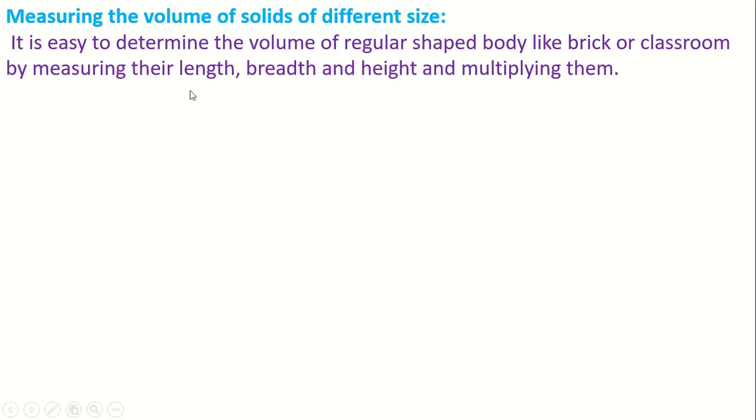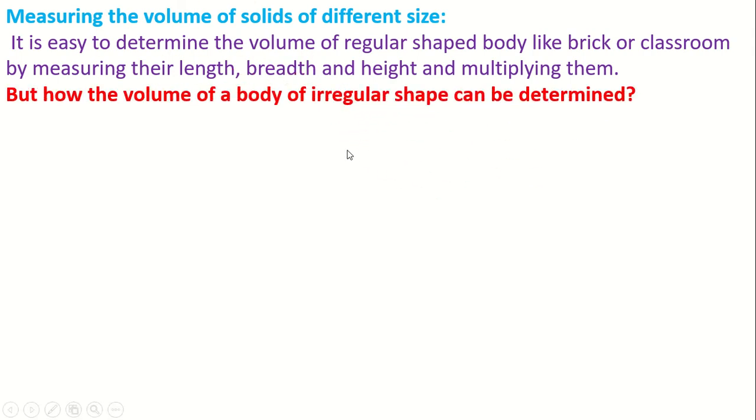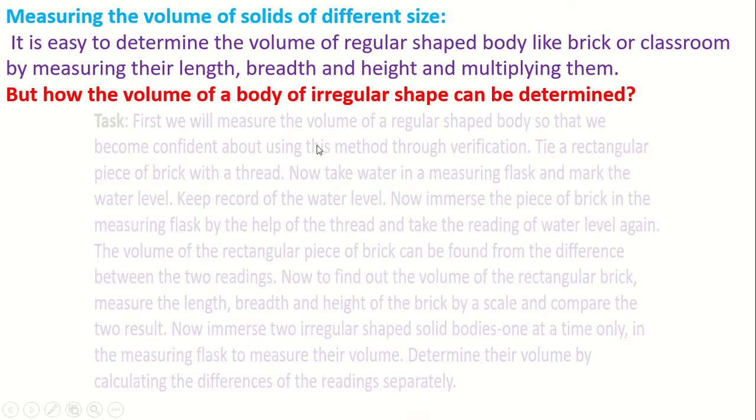But how can we measure the volume of an irregular shape object? Yes, that is also possible. For determining the volume of the irregular shape object, we have to do one experiment.